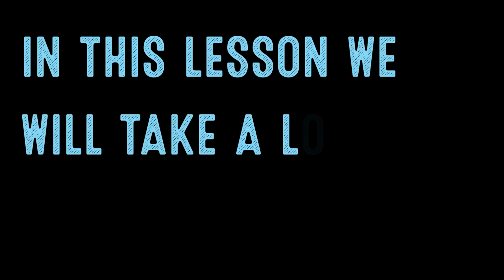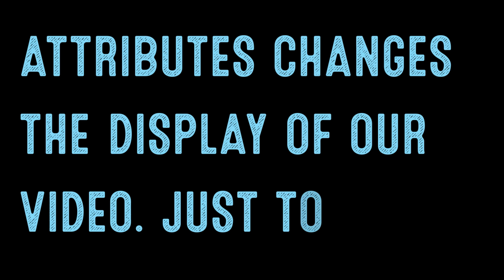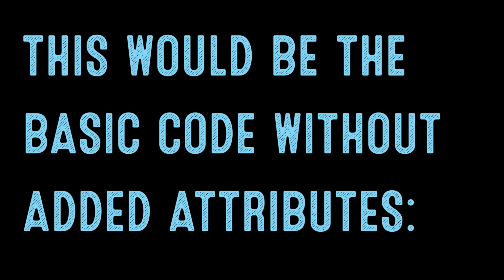In this lesson, we will take a look at how adjusting the attributes changes the display of our video. Just to review, this would be the basic code without added attributes.